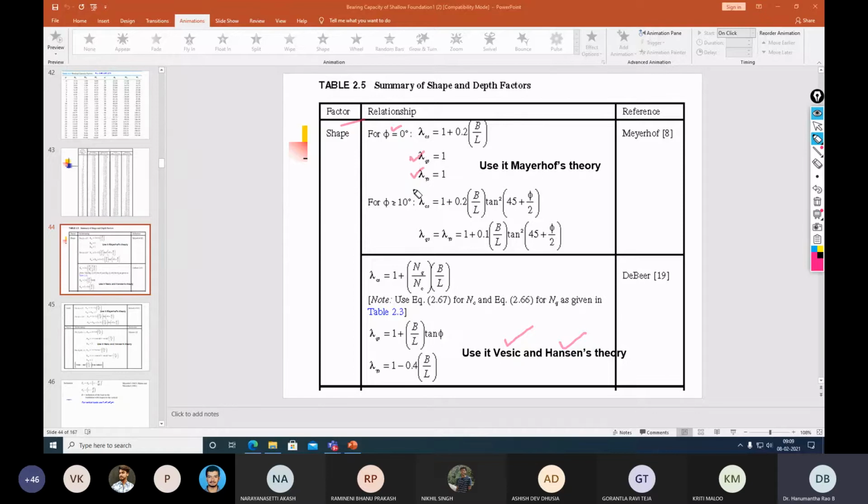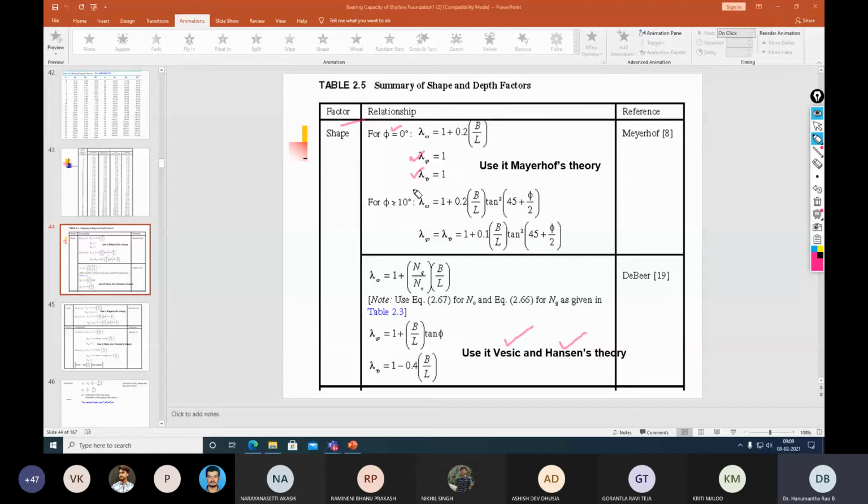We also tried to understand that there are three terms involved in the bearing capacity equation: c N c plus q N q plus half gamma B N gamma, where the first term is called the cohesive term, the second term is called the overburden term, and the third term is called the self-weight component.